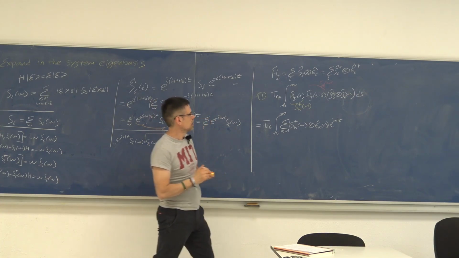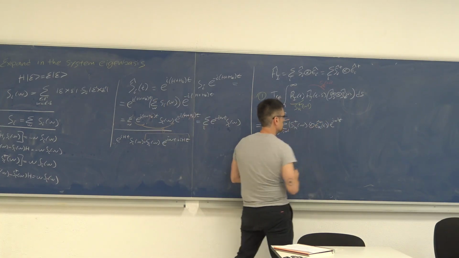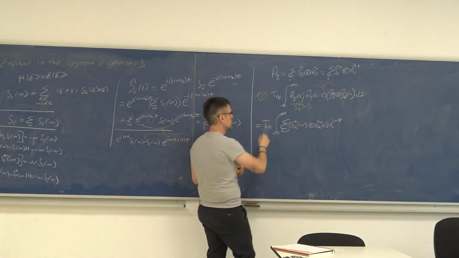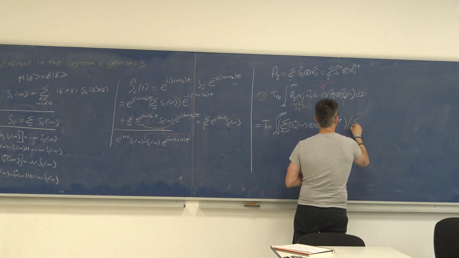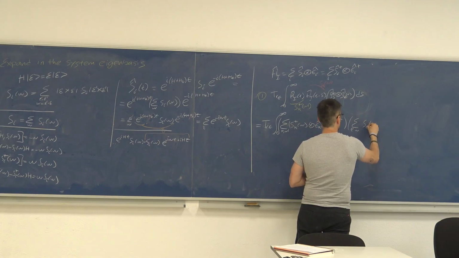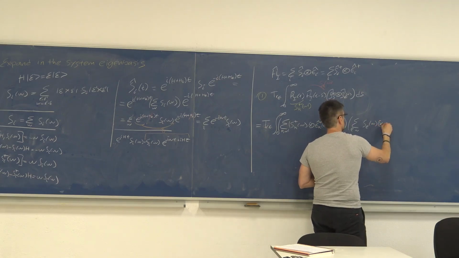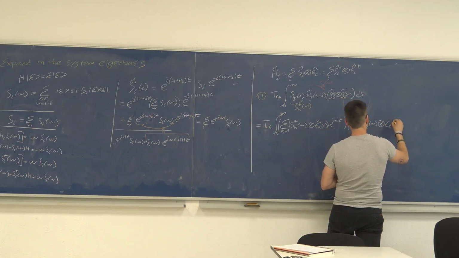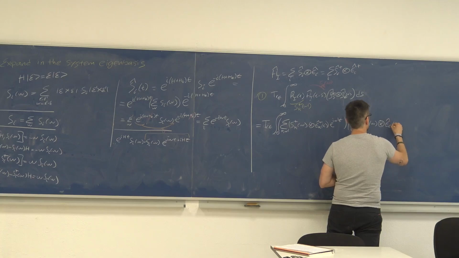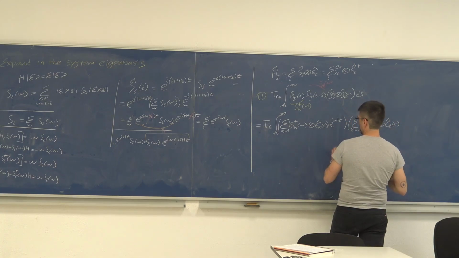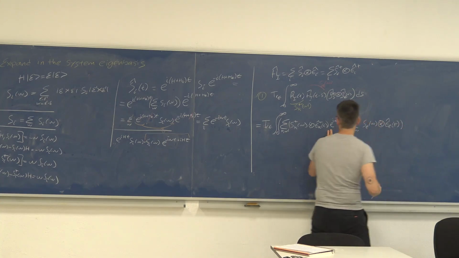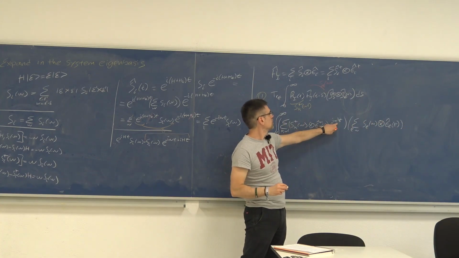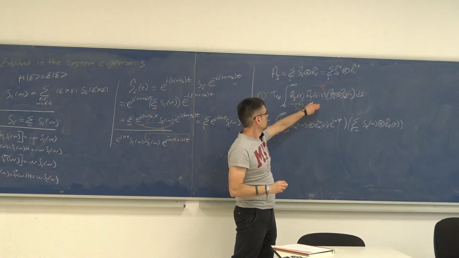EK dagger, yes. This multiplied by the sum now over L and omega of SL omega times EL hat of t. And now I separate the factor, the time dependency, so we can be careful.